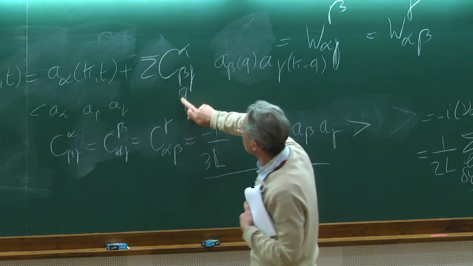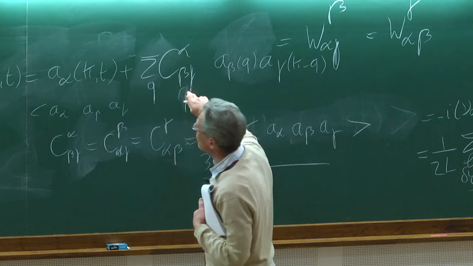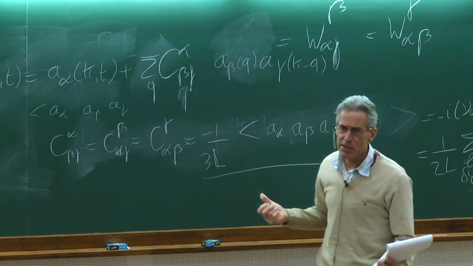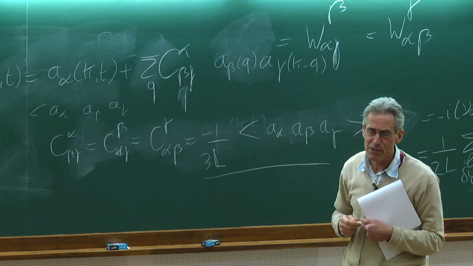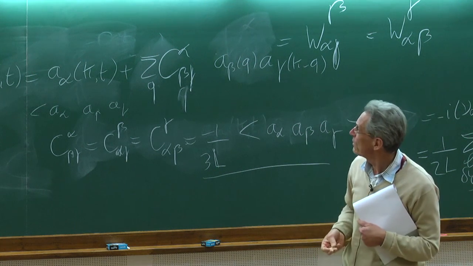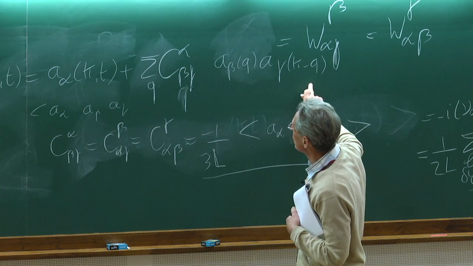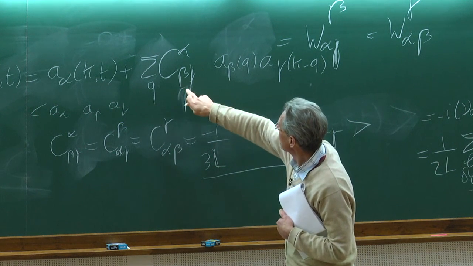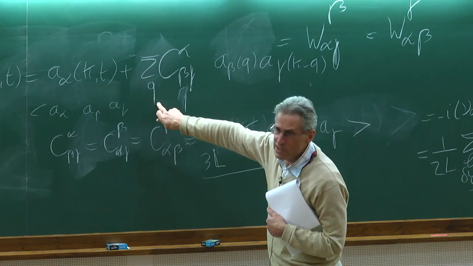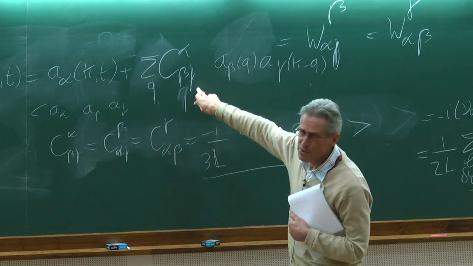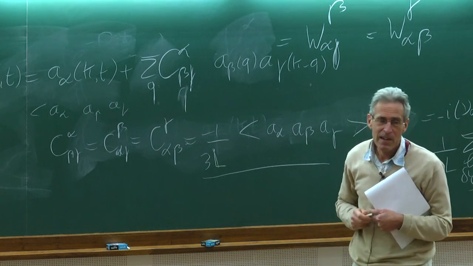But then you can argue that, all right, for long times, you only need a restricted range of k values because everything else will decay rapidly. So at least if I go to long enough times, I can restrict this to a small enough set of q values that this is a small correction.